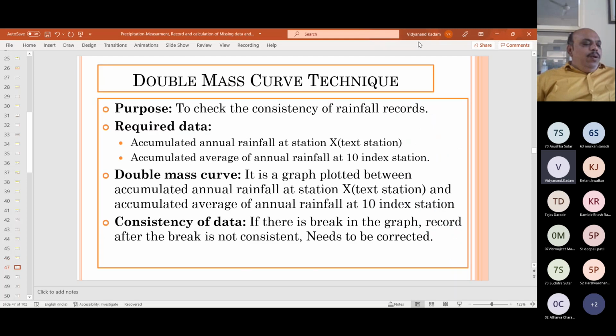Now we are going to learn about one more technique known as the double mass curve technique. What is the double mass curve technique? Its purpose is to check the consistency of rainfall records.